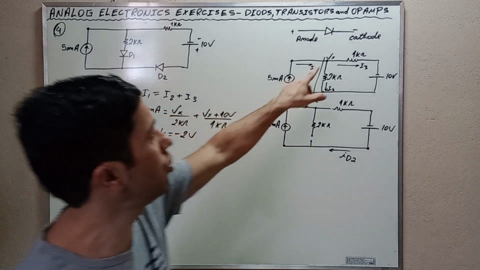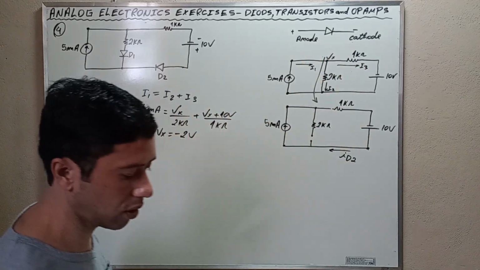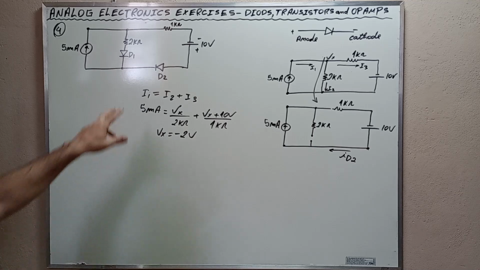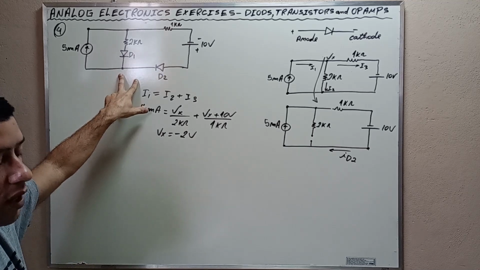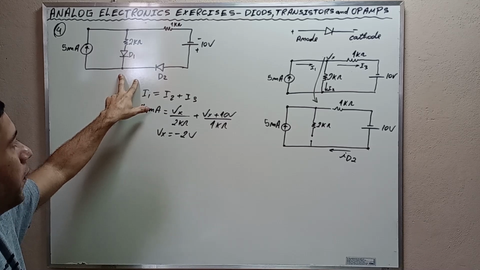And when the cathode is higher in potential than the anode, the diode is not conducting. It is off, okay? So the assumption that both diodes are conducting is wrong, because there is a contradiction here.